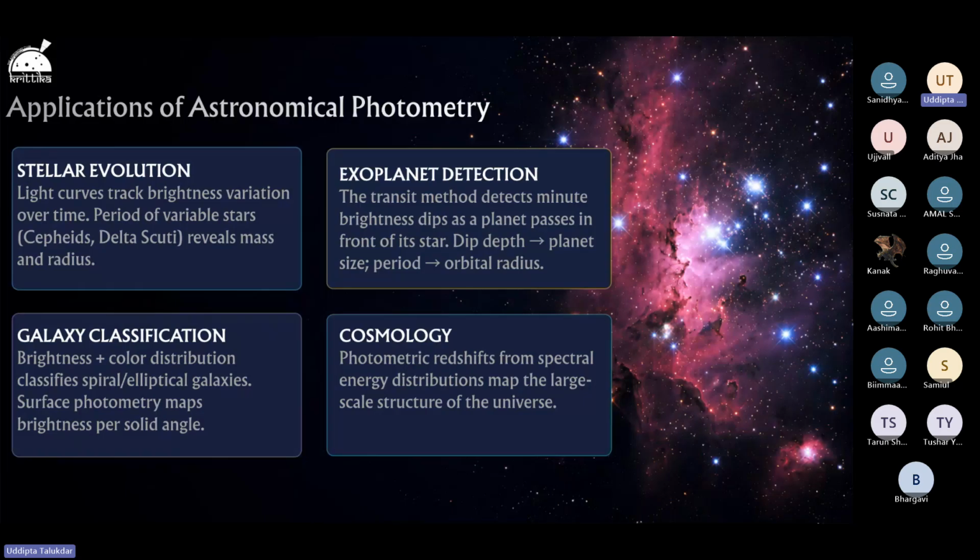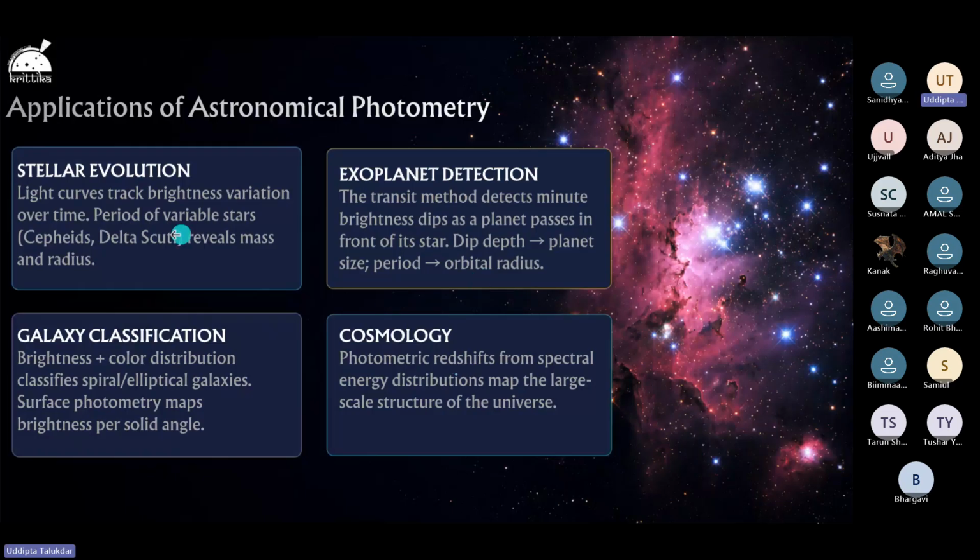By doing photometry across multiple color filters, you can estimate how redshifted a galaxy is without actually seeing its full spectrum. Doing this for millions of galaxies, you get a 3D map of the universe showing where everything is and how far away it is. That's how we know the universe has a web-like structure with giant filaments and empty voids.